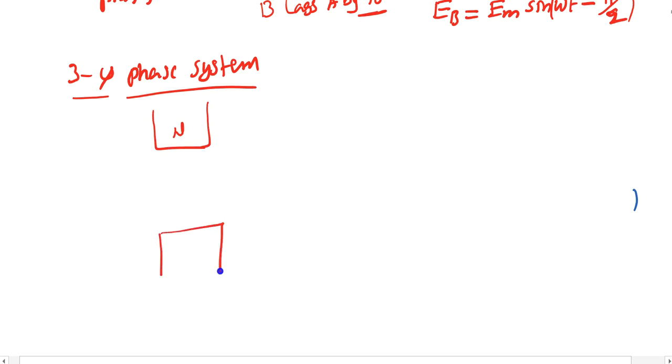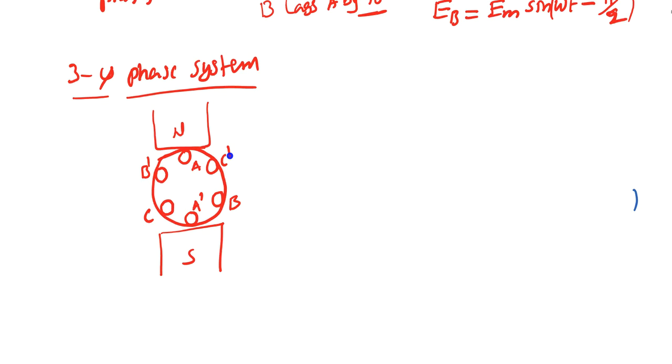In this diagram we have the first phase coil, A and A dash, and this is the B coil placed on the rotor, B and B dash. This is nothing but the C coil, or third phase coil. This is C and C dash. So this is the placement of the coils A, B, C, the 3 conductors, placed like this.